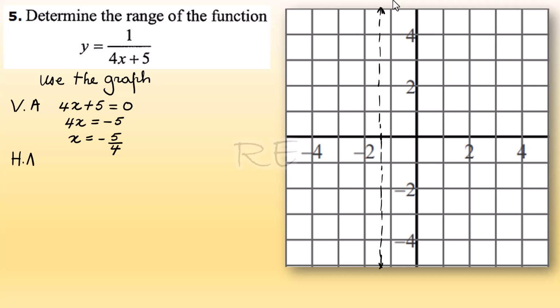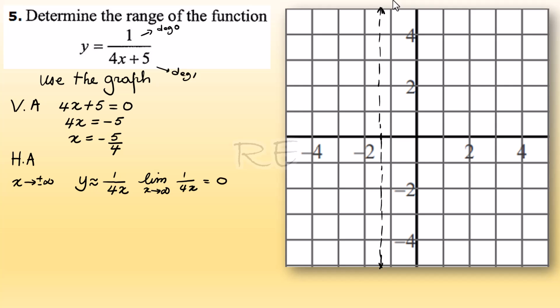Now for the horizontal asymptote, as x gets closer and closer to infinity, whether positive or negative, y will be approaching 1 over 4x, and we know that when the degree of the numerator is less than the degree of the denominator, respectively 0 and 1, we take the limit of 1 over 4x as x approaches infinity.